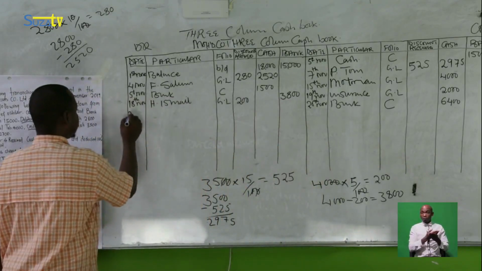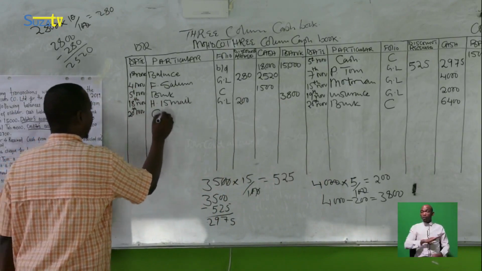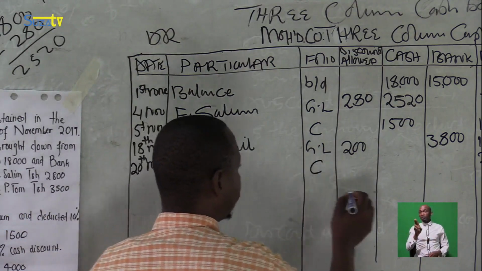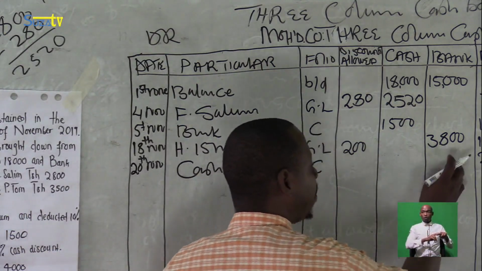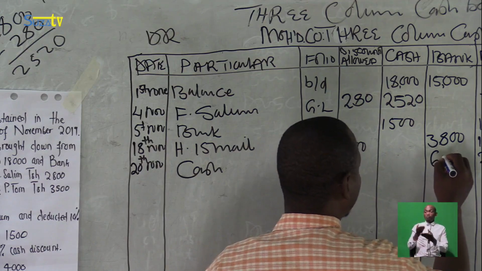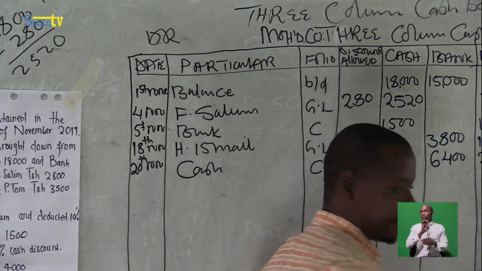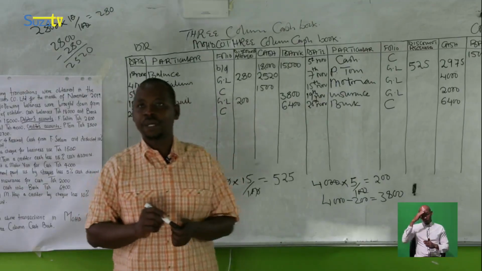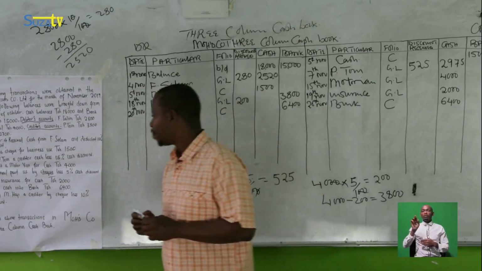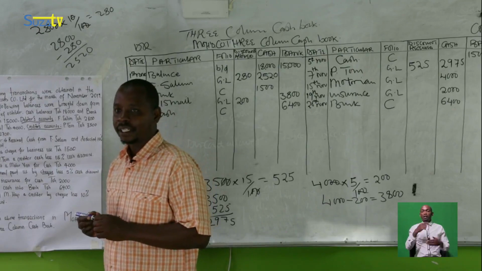You write 20th November, here in cash you put a contra, and you record it in the bank column. You receive from cash 60,400. I think you remember about the contra entry. It's a completion of double entry within the cash book.